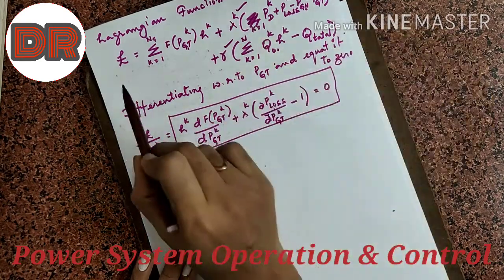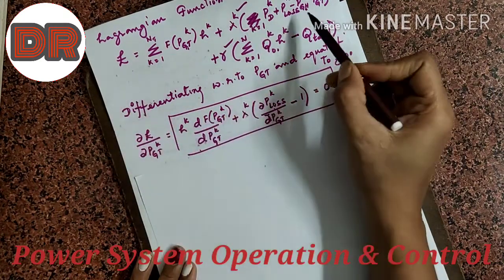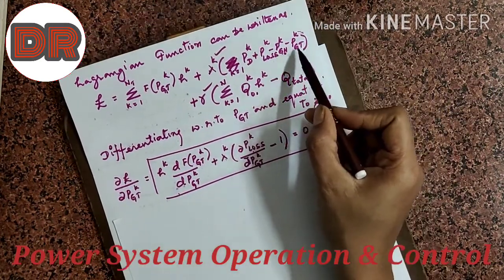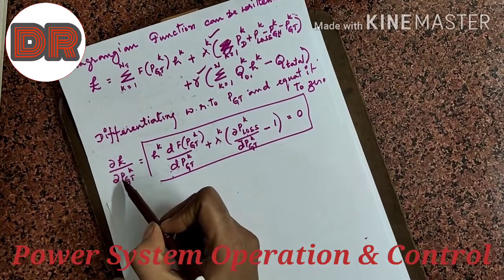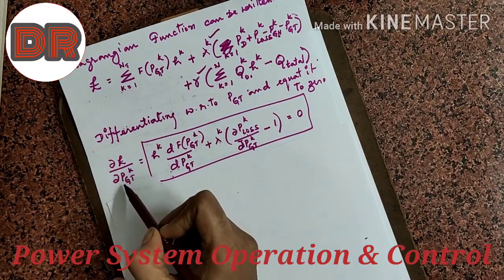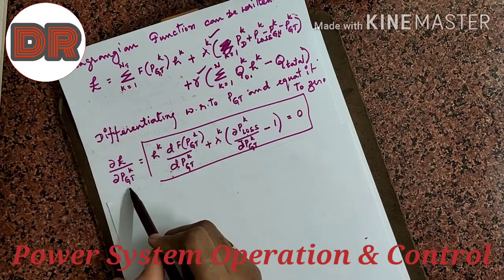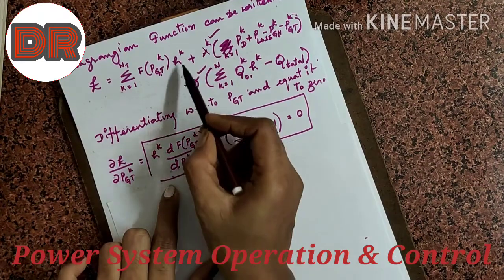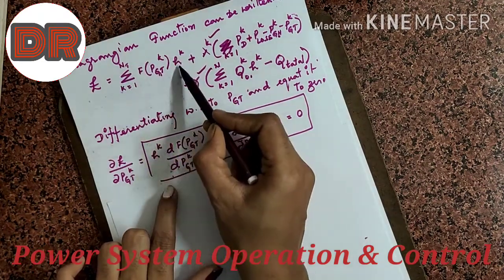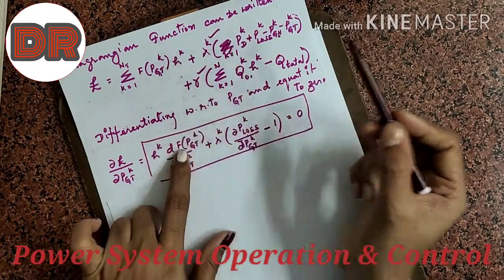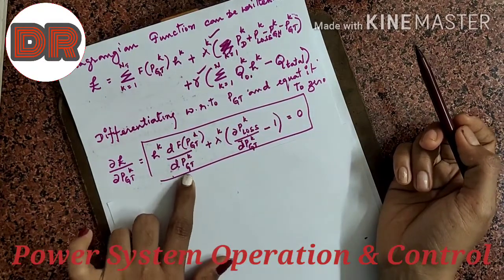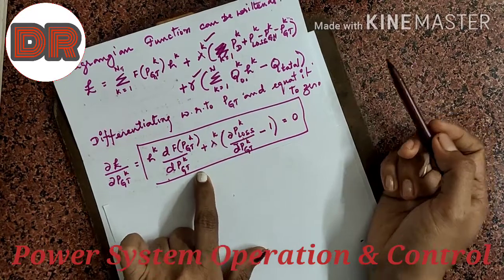Since we have different variables here, we have to write partial differentiation. Partial differentiation with respect to PGT gives H k into the differentiation of the function of PGT with respect to PGT.